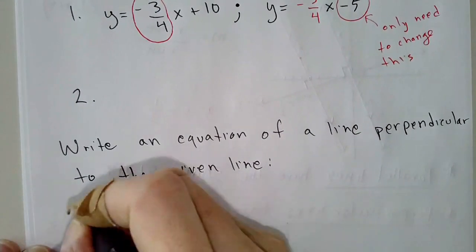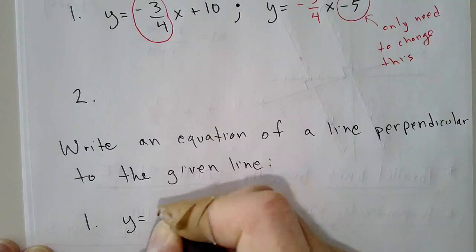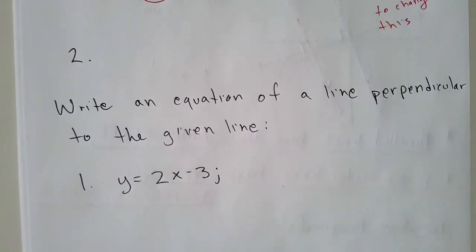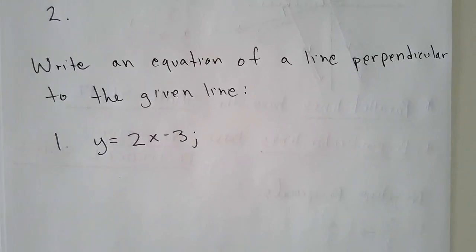So the given line in this case is y equals 2x minus 3. And I'm to write the equation of a line perpendicular to that.